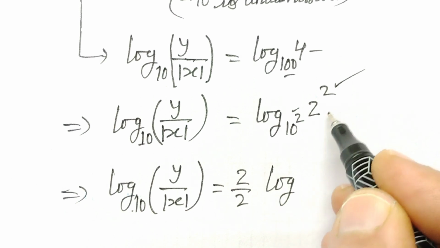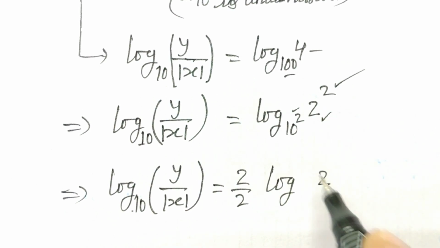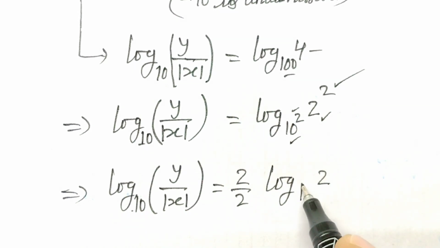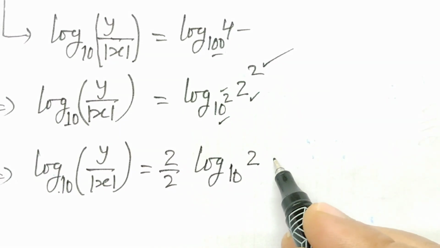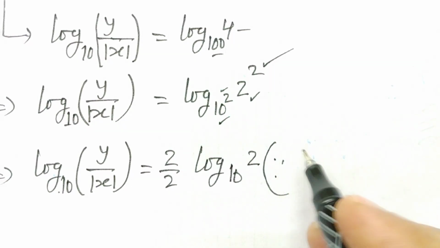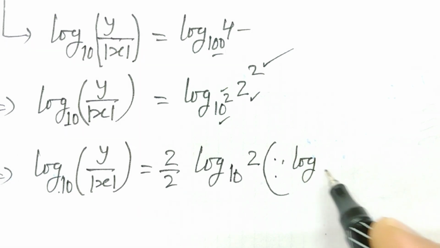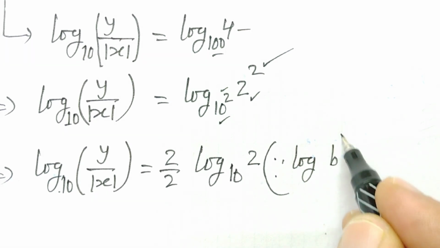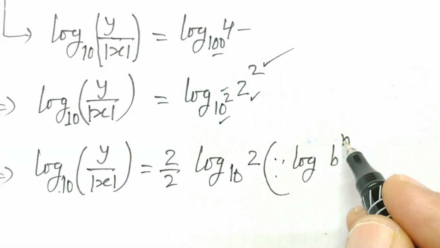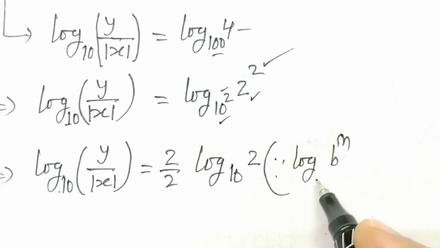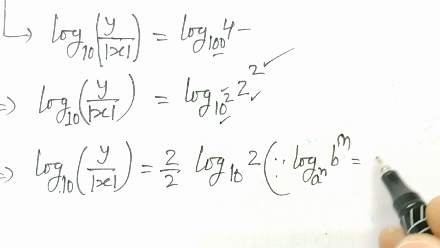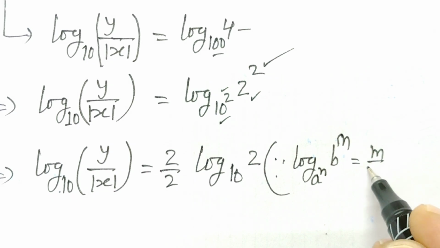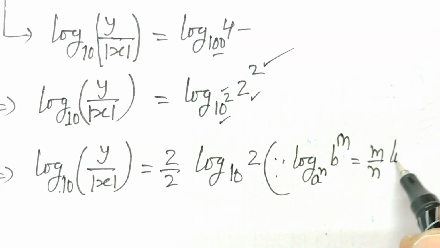Log of 2 base 10, right? Because log of b to the power m, and base a to the power n, is equal to m over n log of b base a.